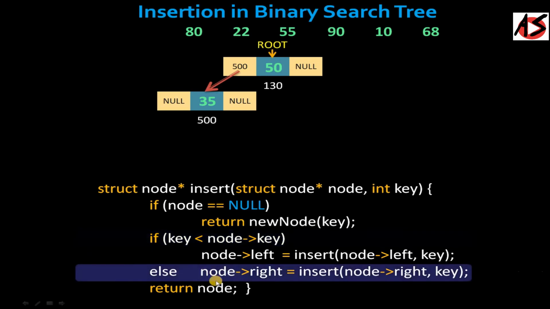So you go to the else part and in that you are calling the insert function again with node right. So here you can see your node is root and root right is null and your key is 80. So you are calling this insert function again with null and 80. So this if condition becomes true and you are returning the new node with 80, and that node you are taking into the current node, that is your root node's right side.